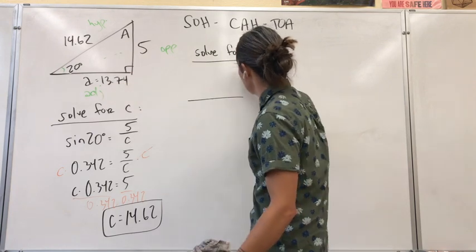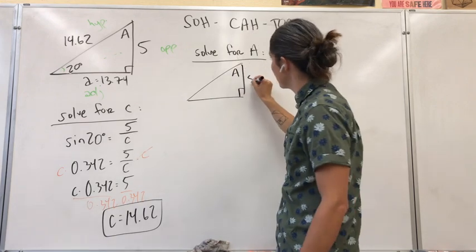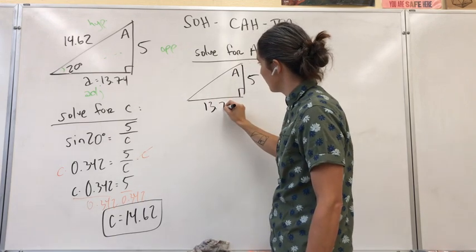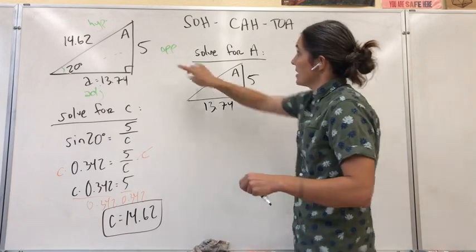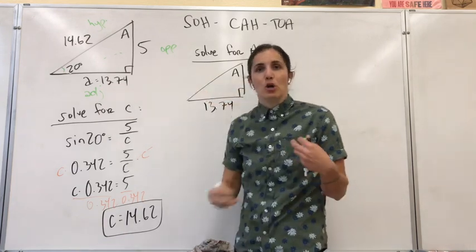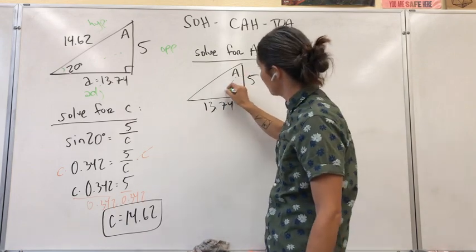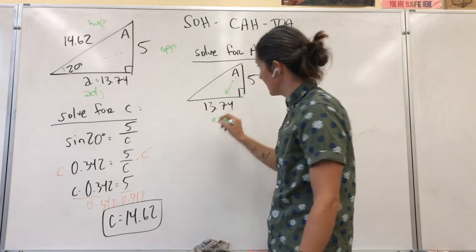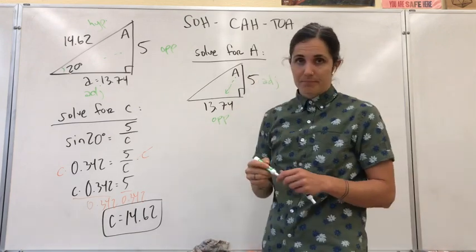Actually, what my problem is going to look like now, just to redraw, if I want to know that angle, and this is 5, and this is 13.74, these switch, right? Opposite and adjacent are relative terms to which angle I'm starting from. Since I'm now starting from that angle, 13 is the opposite side, 5 is the adjacent side. Okay?